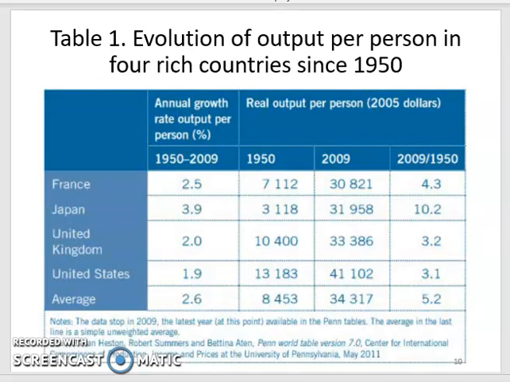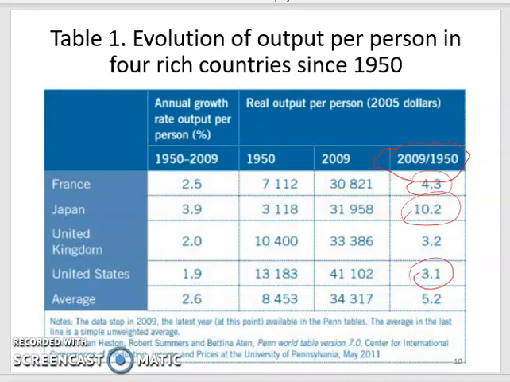Looking at this table, in this last column, we can see that output per person has increased by a factor of 3.1 in the United States, by a factor of 4.3 in France, and by a factor of 10.2 in Japan from 1952 to 2009.